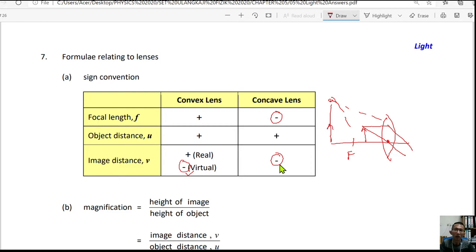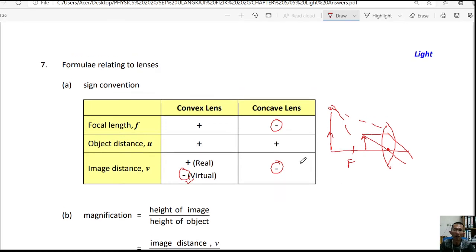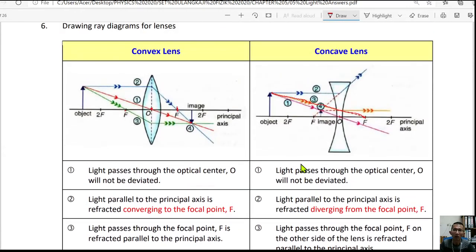Same thing goes for our concave lens. If I go up, you see here is my image, and here is my lens. So to measure the image distance, we measure from the lens to the image, so I'm going to the left. But to measure the object distance, we measure from the object to the lens. So we always go from left to right.